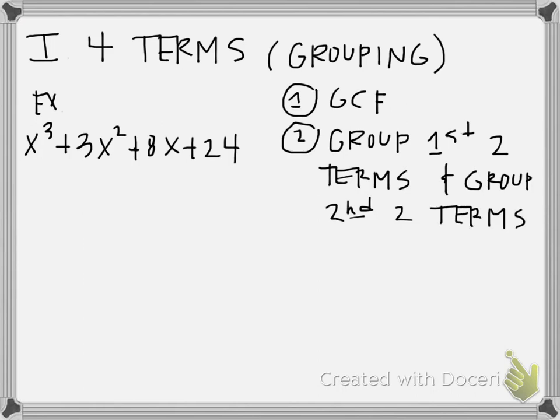Okay, so what that means is that I'm going to put parentheses around the first two terms, and I'm going to put parentheses around the second two terms. When I do that, I am going to be able to factor a GCF inside each grouping.